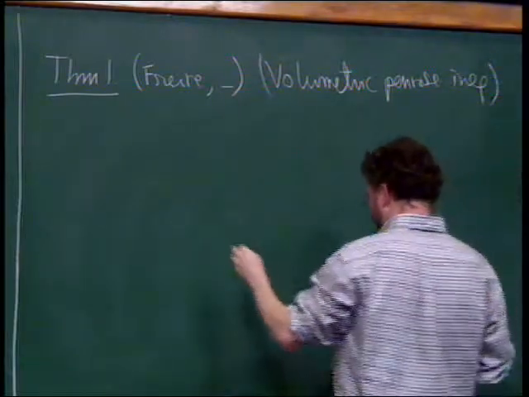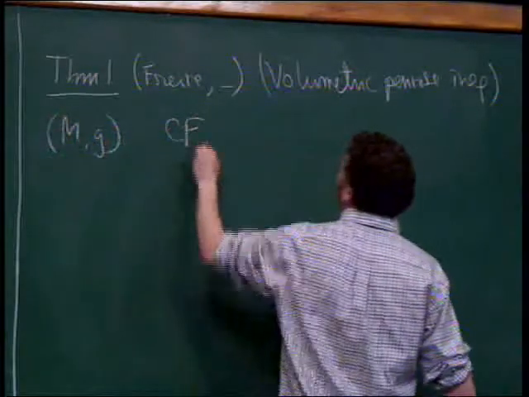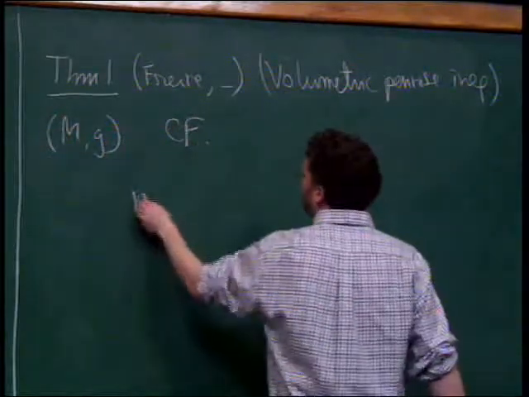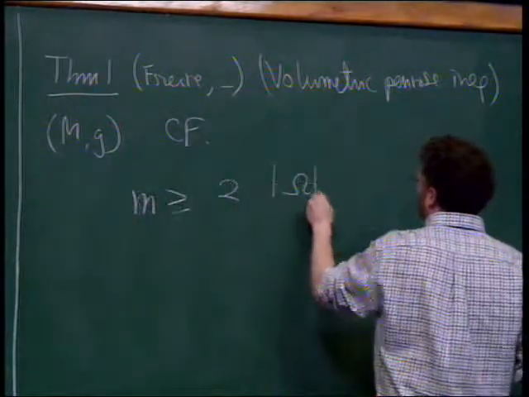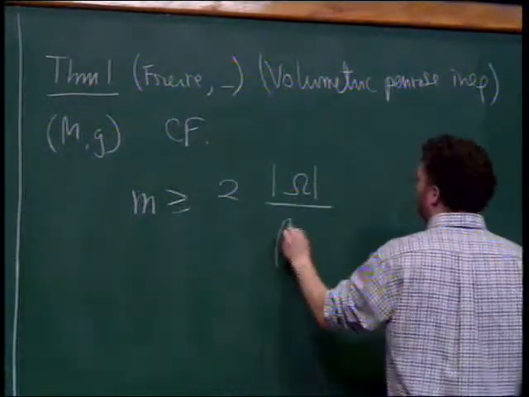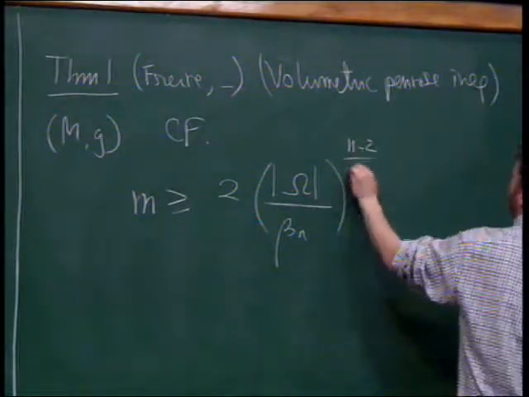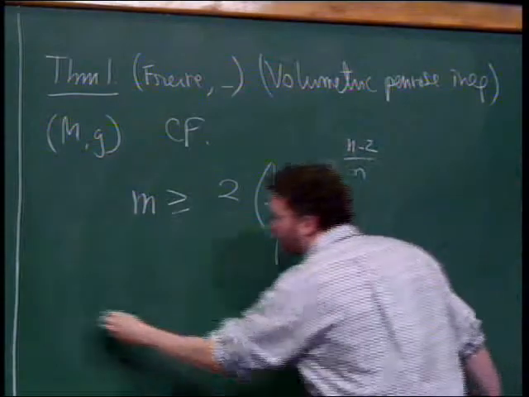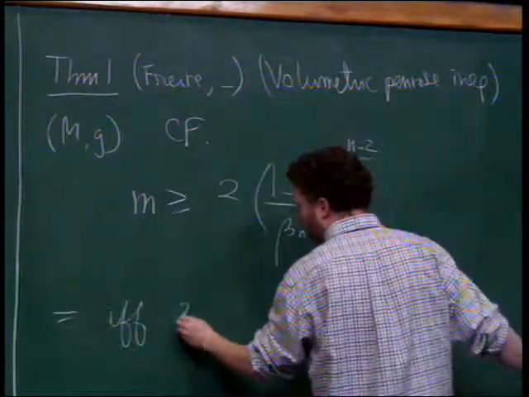It's the following. Suppose (M, g) on top of everything else is conformally flat. Then the mass is greater or equal than twice, and I'll have to explain what this is, to the power (n minus 2) over n. So equality if and only if it is Riemannian Schwarzschild.